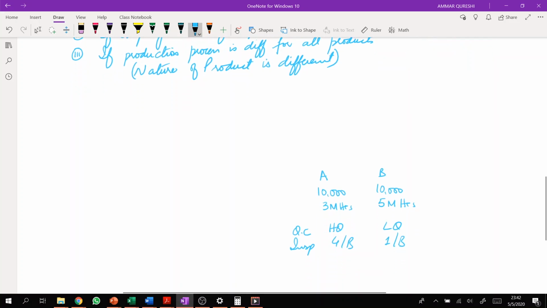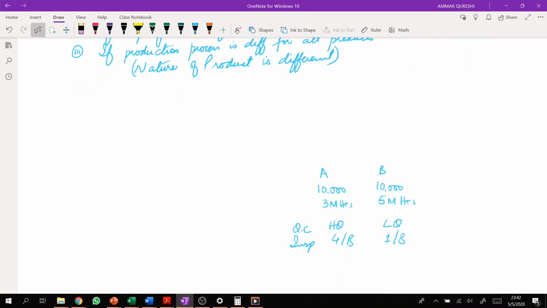This means that more quality control costs should be allocated to product A as compared with B. So it's a better idea to use activity based costing rather than traditional, because it will create a difference.